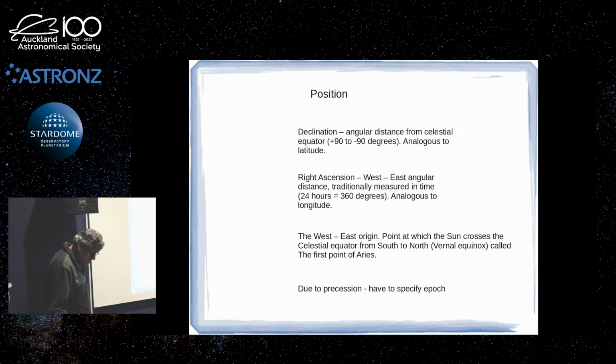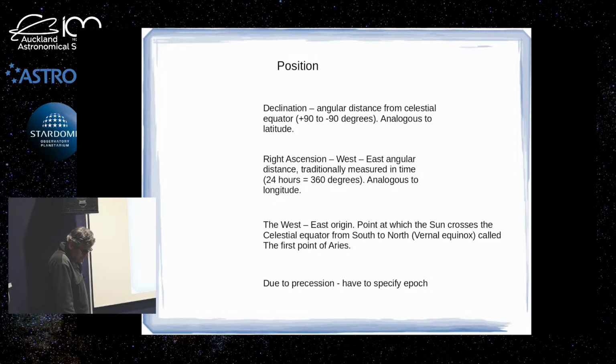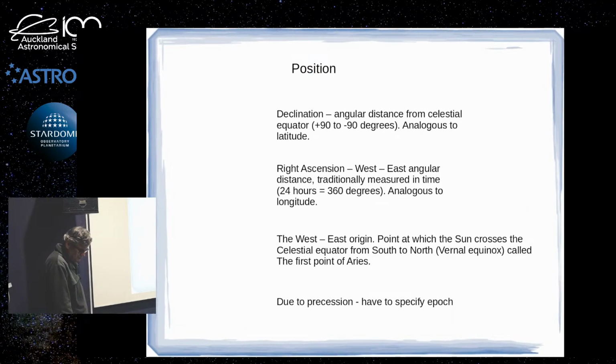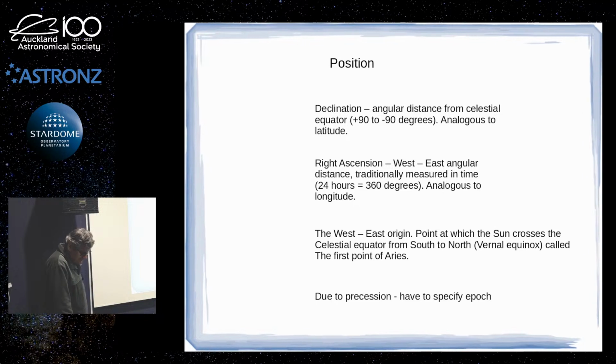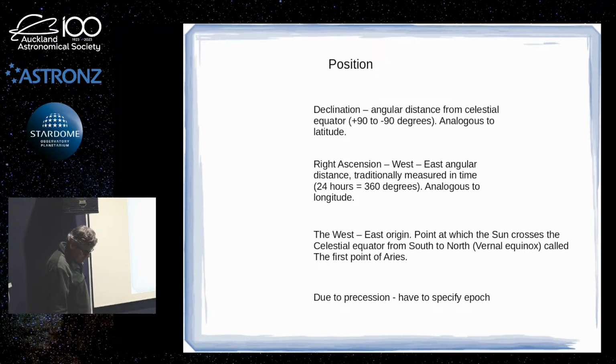Okay, so we've probably already talked a bit about this, declination and right ascension, and the origin being the point at which the Sun crosses the celestial equator from south to north, known as the vernal equinox. Also, if you hear the term the first point of Aries, that's what it's talking about.